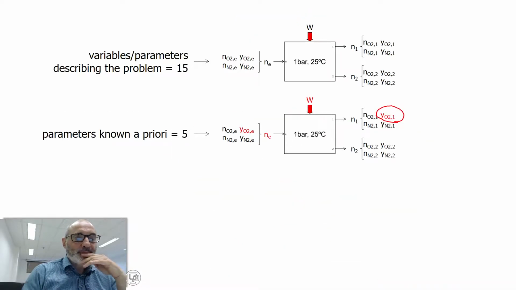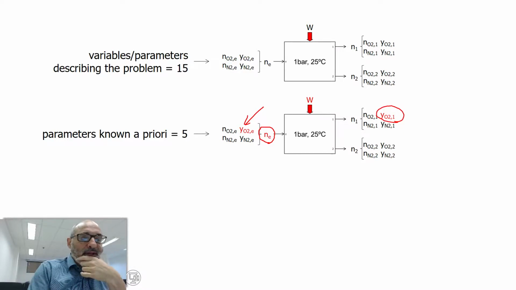We also know the amount of air that I have in order to have a certain amount of oxygen for burning a certain amount of fuel. So this is another design parameter. And then there is the concentration in my feedstock, which is the concentration of oxygen in the air.